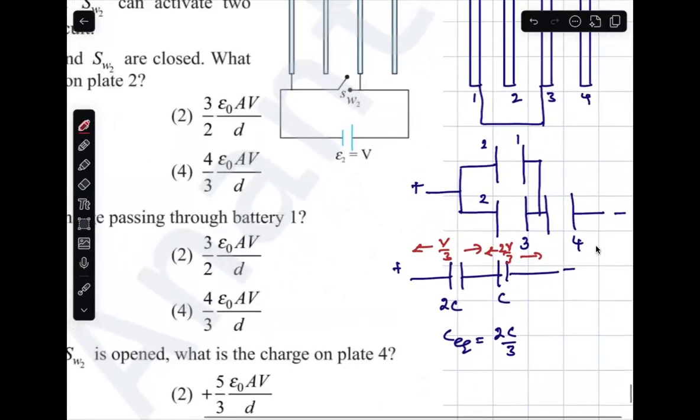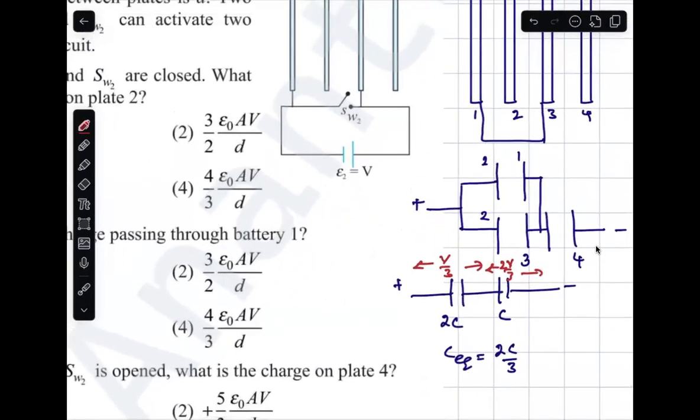Now, across this combination, you have V by 3. Yes or no? Now, what is going to be the charge here? Epsilon naught A by 3D times V. What about the charge on this? Epsilon naught A by 3D times V.